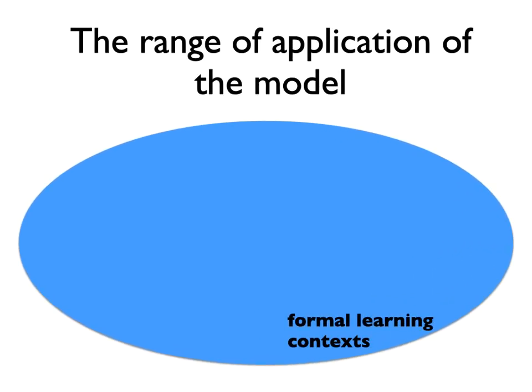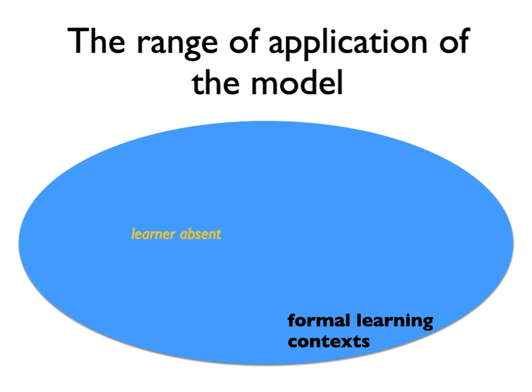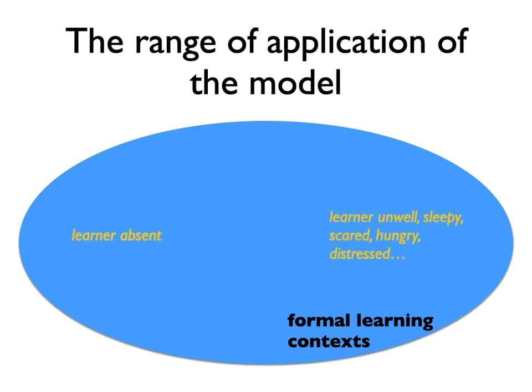However, it is important to first set out the range of application of this idea. There are many reasons why students do not always learn what we would like them to. Students may be absent from class, but this perspective will not help there. Or a student may be present, but for various reasons too tired or too hungry or thirsty, or too scared or sad to be able to effectively engage in learning.